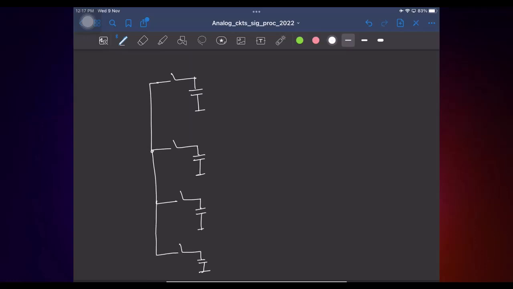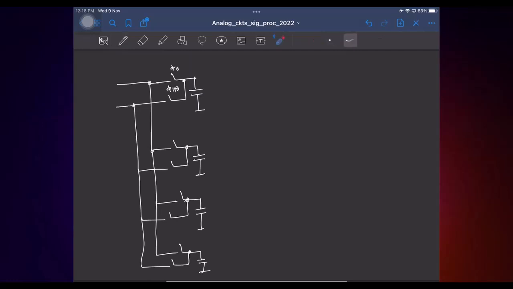This is the single-ended version, and for the differential version you will do something like this. Okay. And this will be 0, 90, 180 and so on. I'm not writing the phases. Okay. So basically the differential input applied here will be down converted across these capacitors.